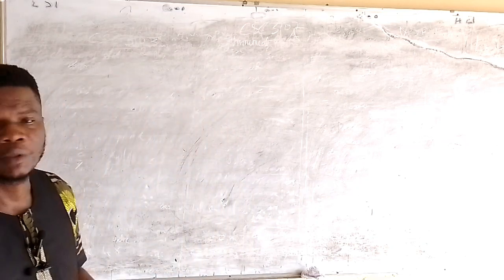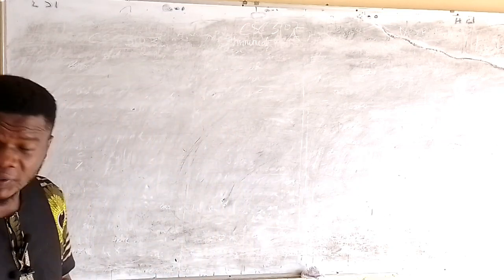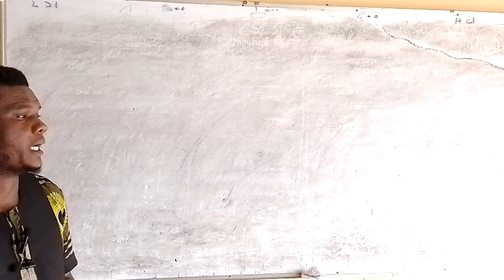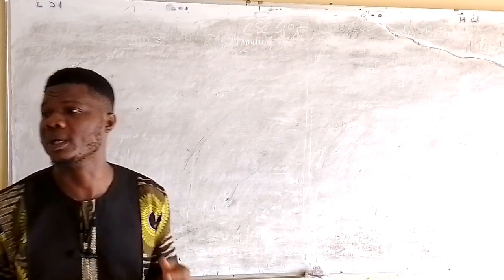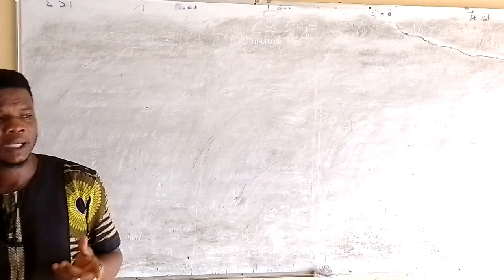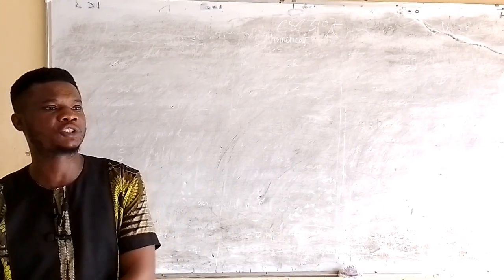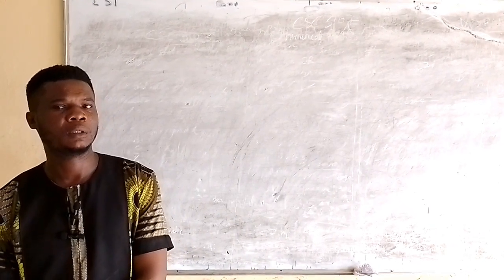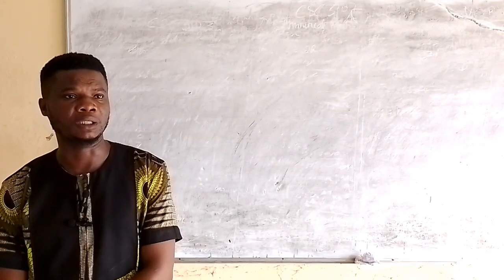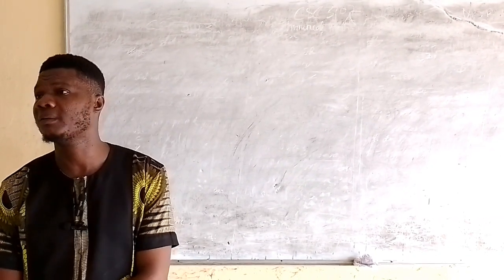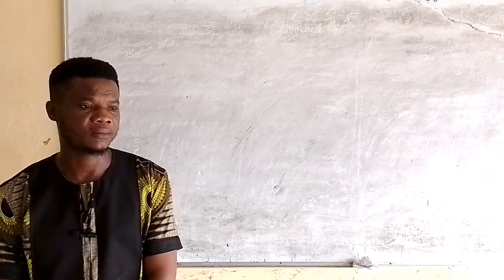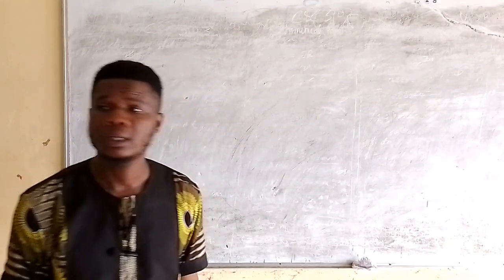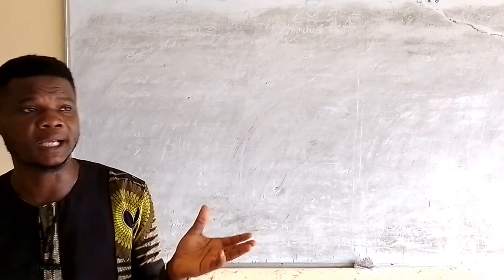In my last class with you, we started the frequency tables, right? I talked about the ungrouped and grouped frequency tables. And I mentioned Chebyshev's principle on sample size, whether it is large or small.